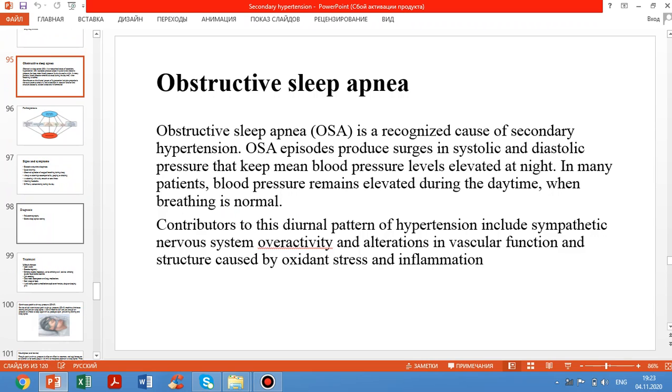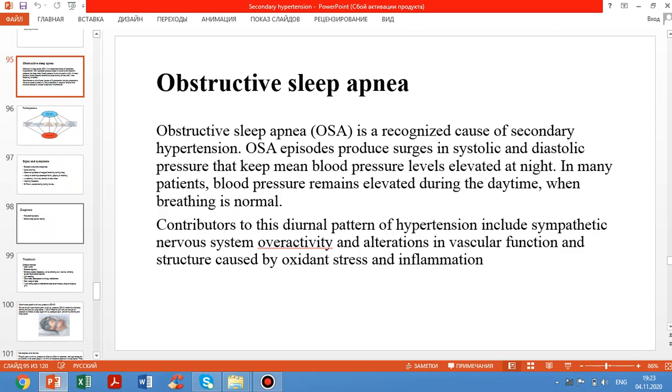Obstructive sleep apnea. Obstructive sleep apnea is a recognized cause of secondary hypertension. Obstructive sleep apnea episodes produce surges in systolic and diastolic pressure that keep mean blood pressure levels elevated at night.